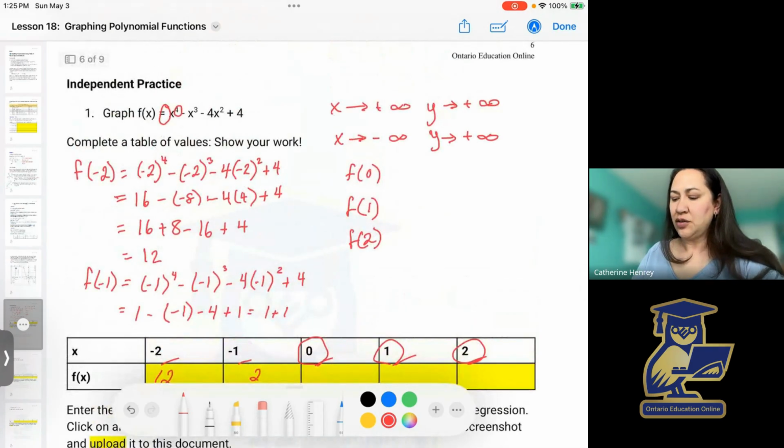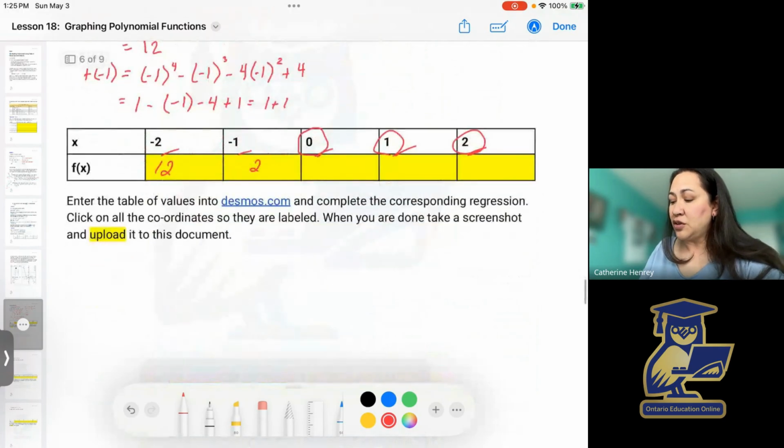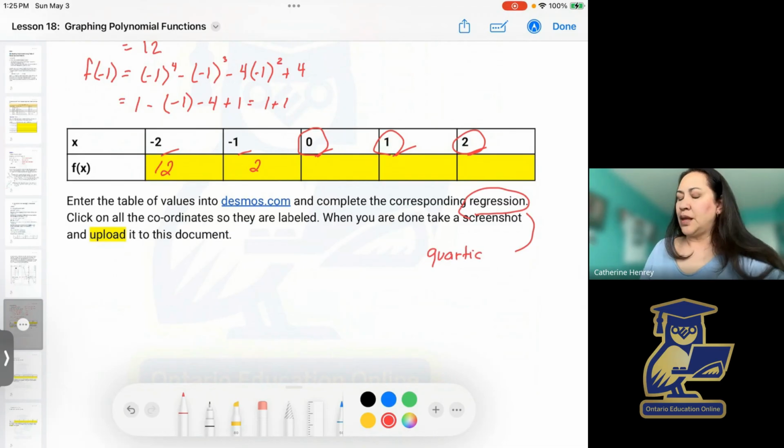The highest degree here is 4. So when you're looking to do the corresponding regression, you should be looking to do quartic. Remember the name of that?